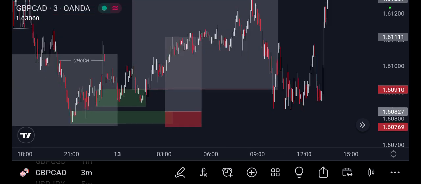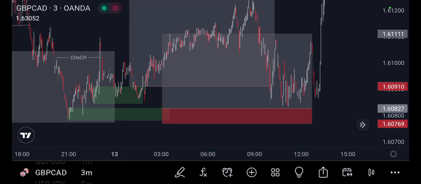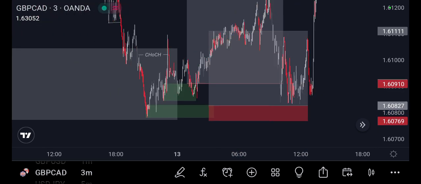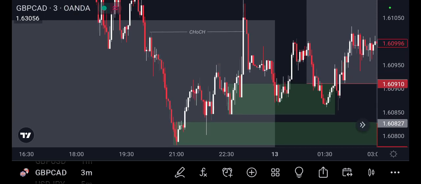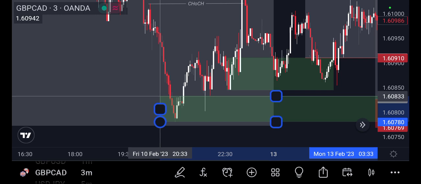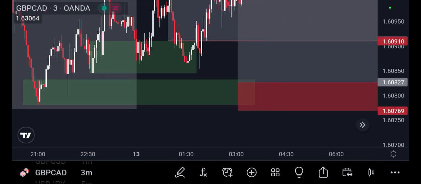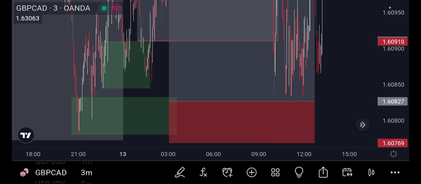Then for this side, let's see. We missed this trade. Let me check if I marked it out very well. Yeah, I marked it very well. So this trade was missed.